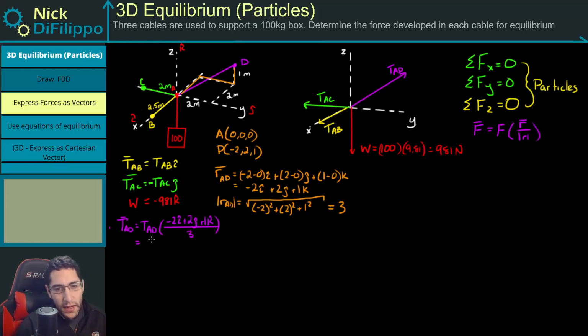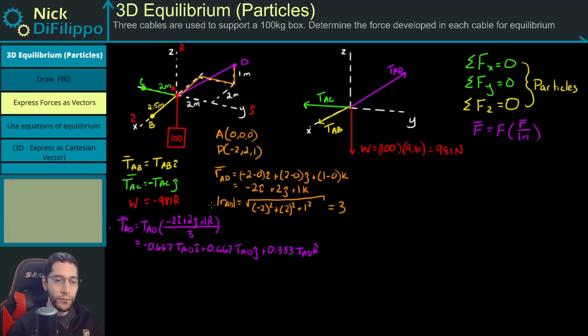We can say, okay, this is equal to minus 0.667 TAD i plus 0.667 TAD j plus 0.333 TAD k. And now we have all of our vectors.